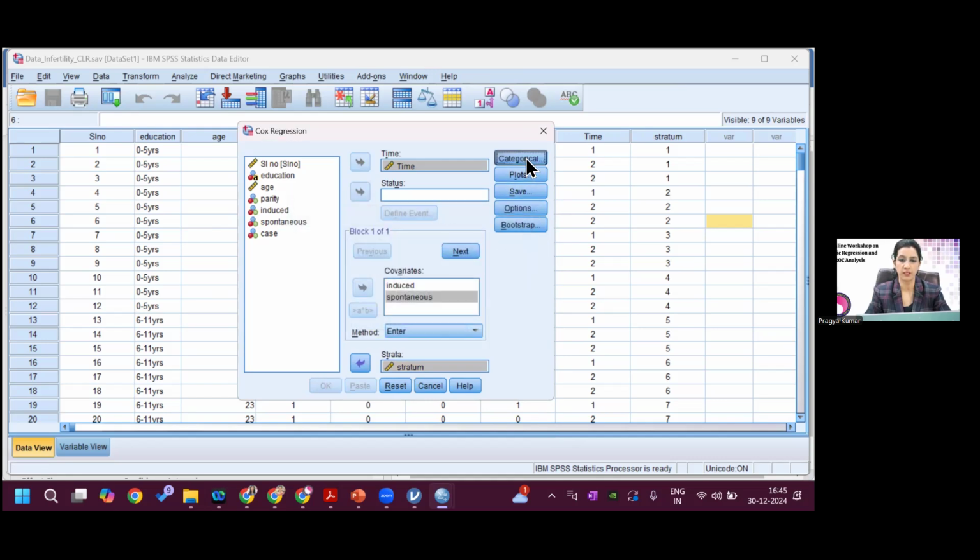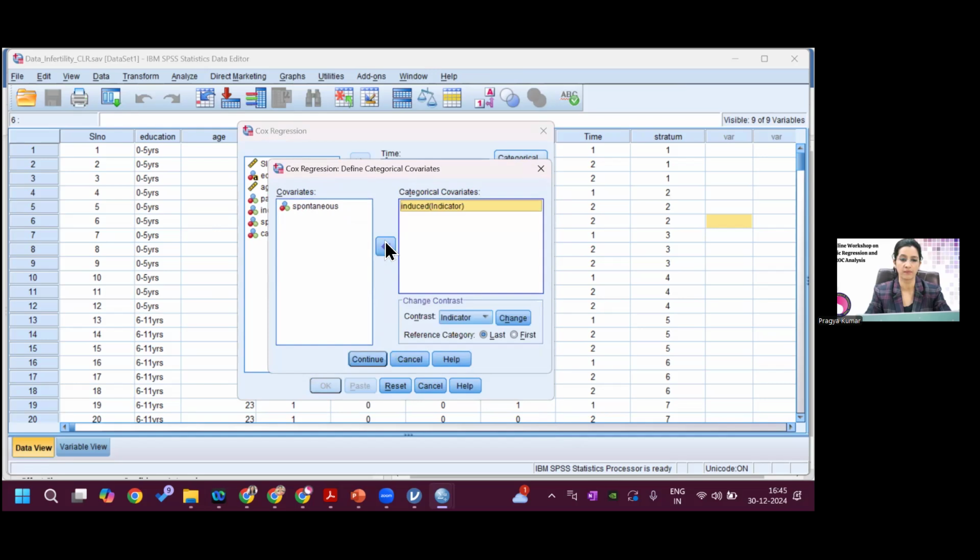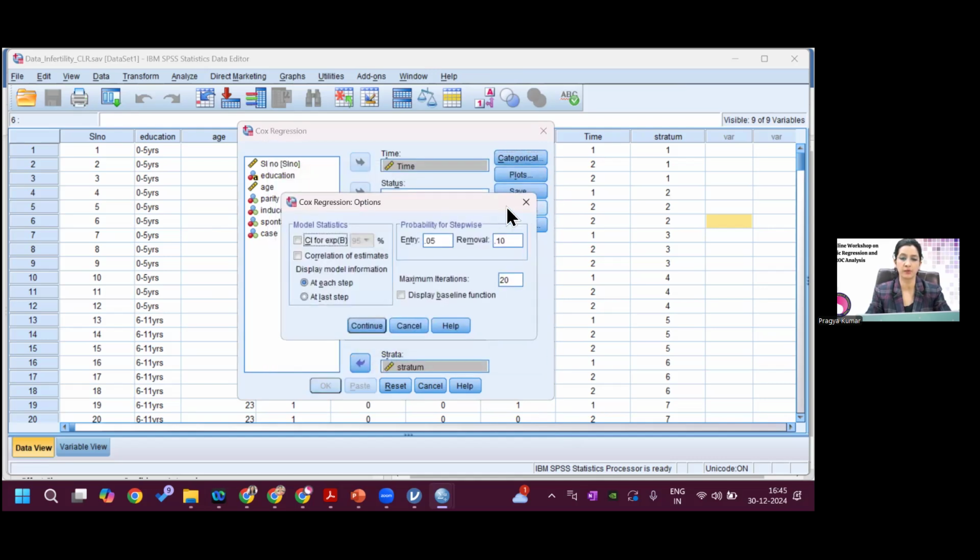First, here you need to move these categorical and the induced to the categorical variable. If I need the comparison against 0, I'll change it, because by default SPSS takes the last category as the reference. So I want my first category, so I will press change and then continue. Then I'll again go to the option.